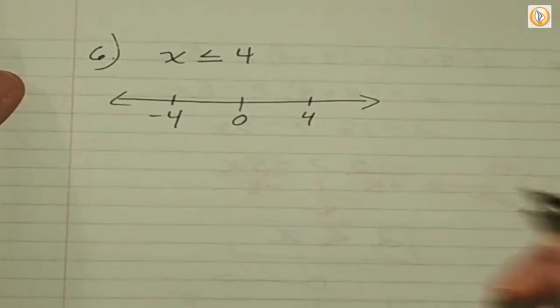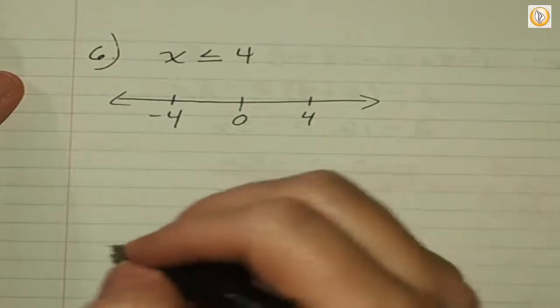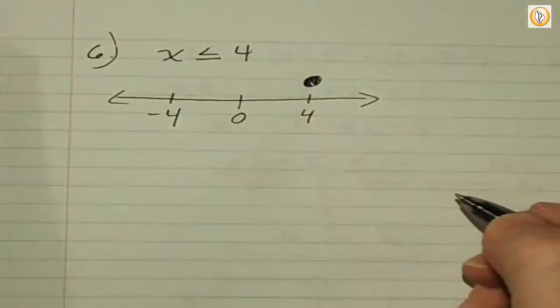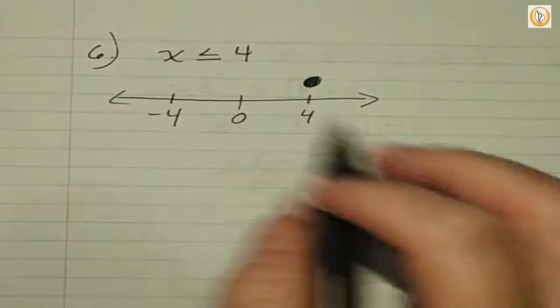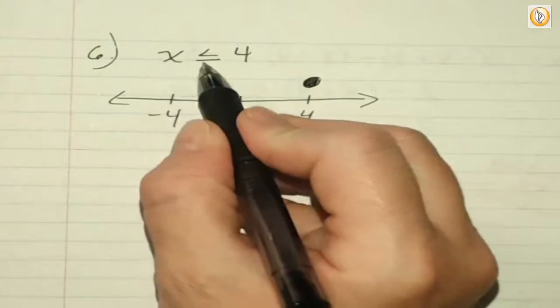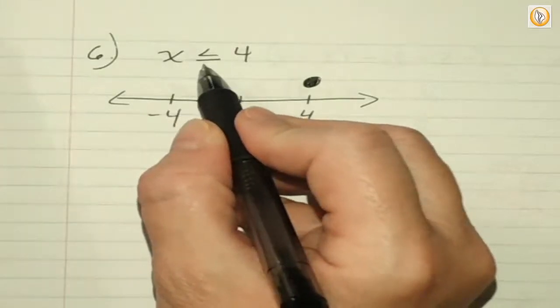Closed. There you go. Over negative or positive 4? Positive. And which direction? It is going both. It's saying x can be any number less than 4 or equal to 4.